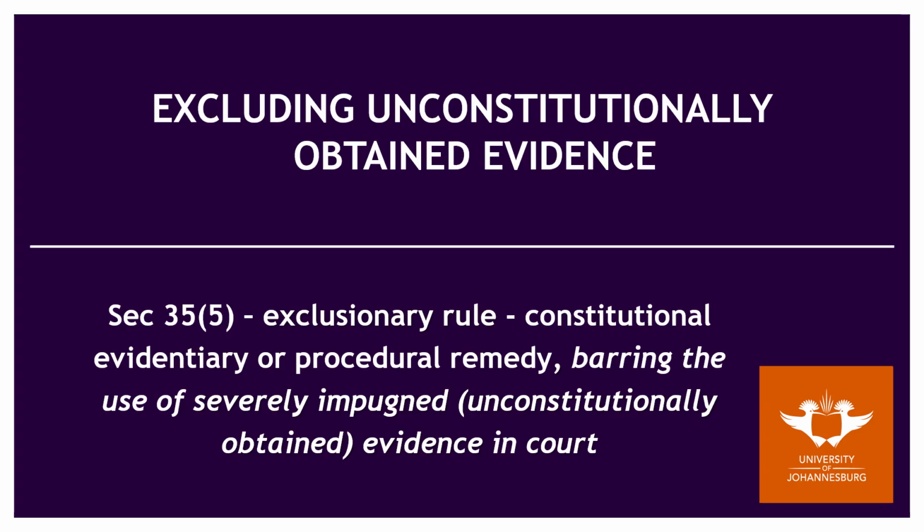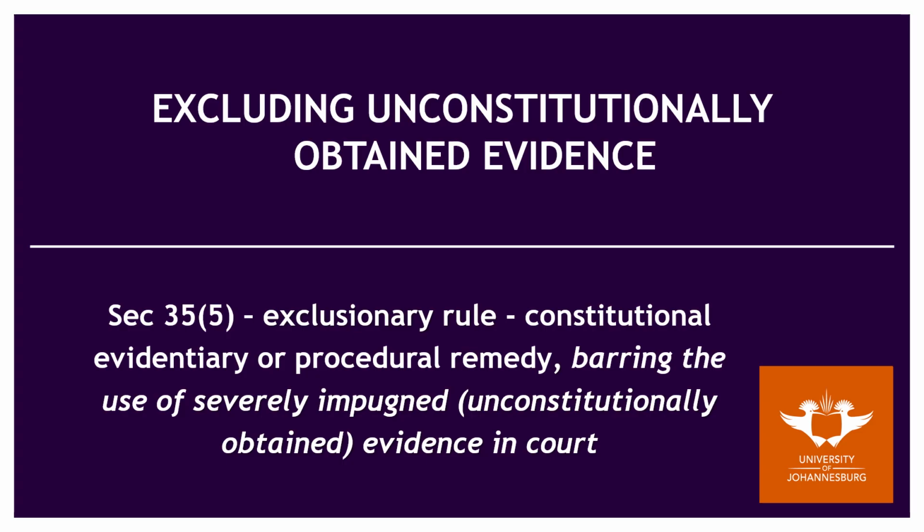The infringement we are talking about here is a severe infringement of rights that came about as a result of the obtaining of evidence. So what this exclusionary rule basically says is, if in the process of obtaining evidence, police officials severely infringe on constitutional rights, then that evidence may potentially be excluded as admissible evidence in court.